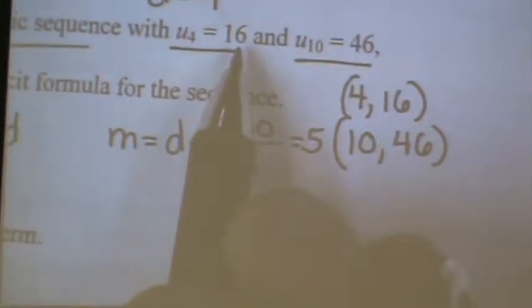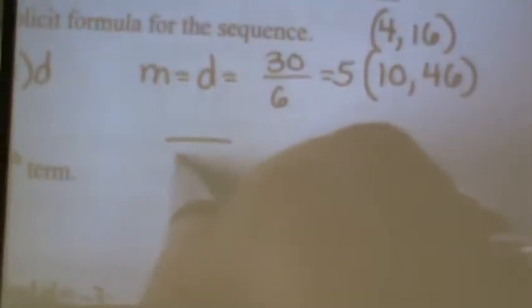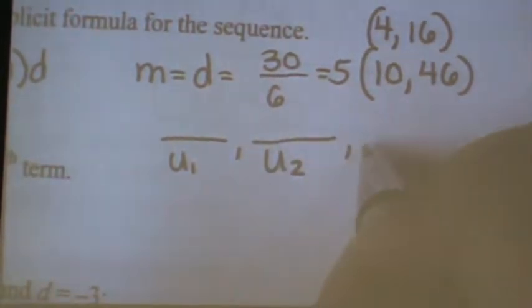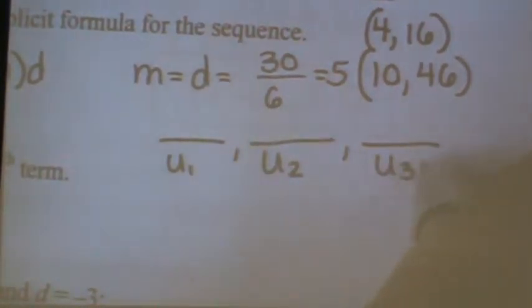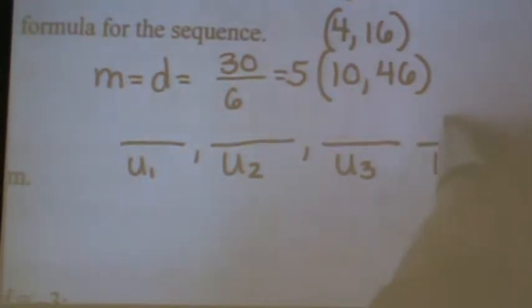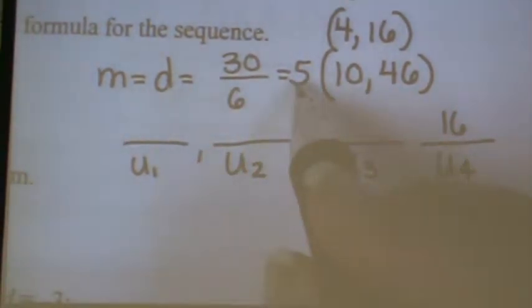Well, this is kind of easy. If we know that the common difference is 5, we don't know what the first term is, we don't know what the second term is, we don't know what the third term is, but we know the fourth term is. How do we go back to get this first term? Subtract 5.